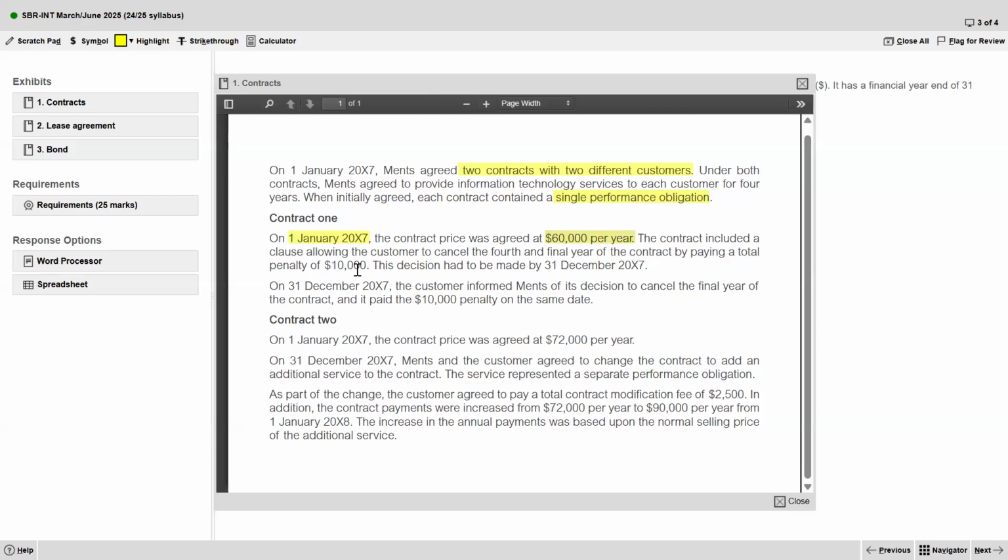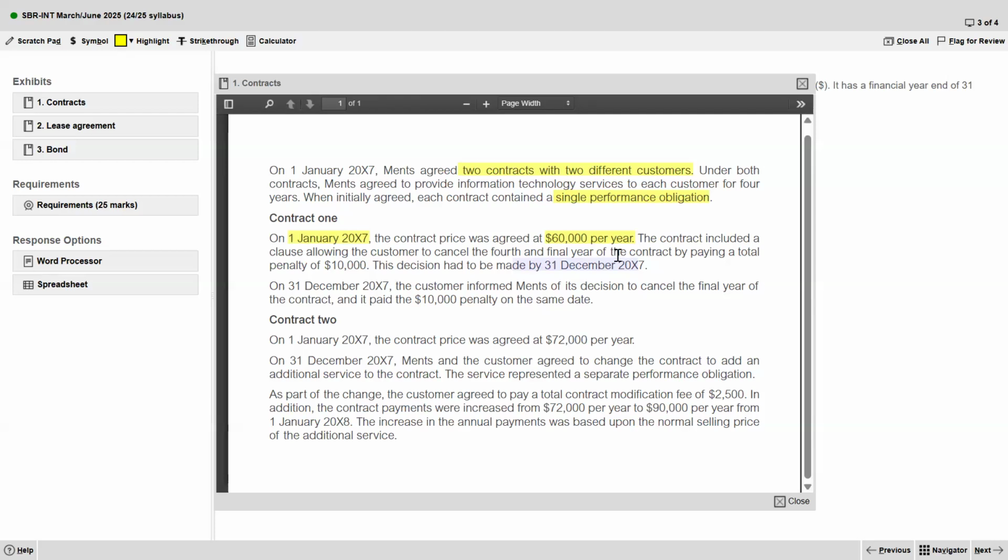The contract included a clause allowing the customer to cancel the fourth and final year of the contract, paying a total penalty of 10,000. This decision had to be made by 31st December X7. On 31st December, the customer informed Ments of its decision to cancel the final year of the contract and paid the $10,000 penalty on the same date.